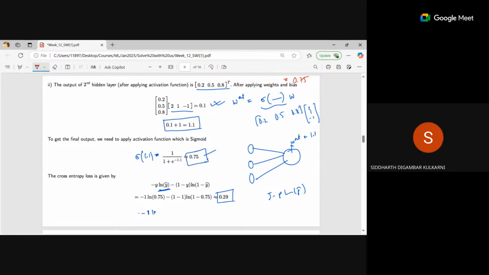So minus natural logarithm of 0.75, so that is 0.29. Is it okay?